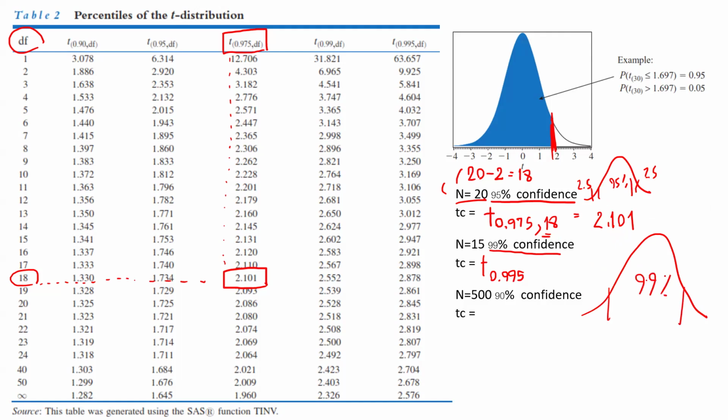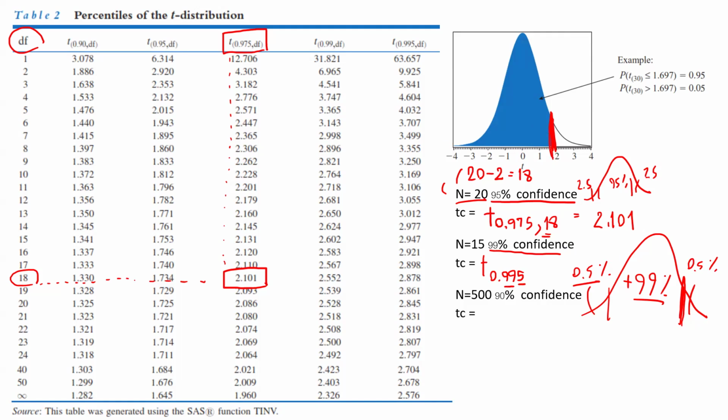So we have 1% left, which means we allow error 0.5% on the left, 0.5% on the right. And since the T table represents this value, we have to open 995, which means 0.5 plus 99%.